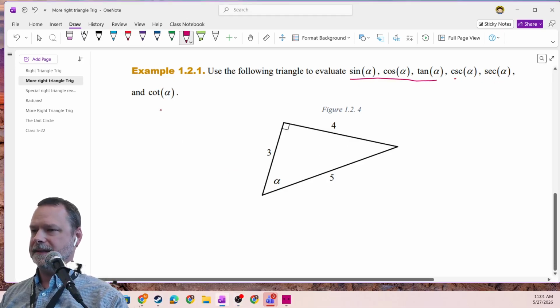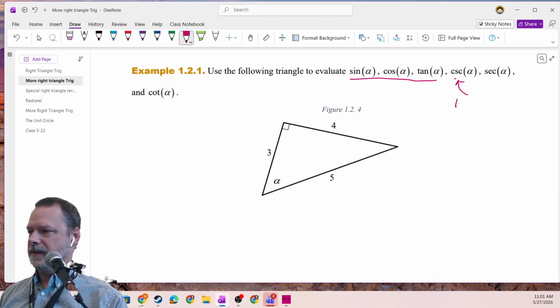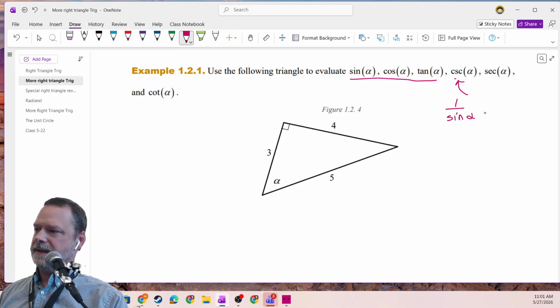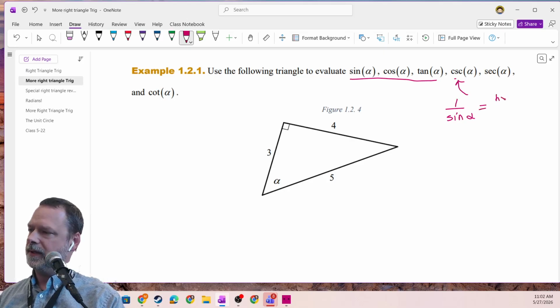Cosecant, secant, cotangent. Let's do it. Cosecant is 1 over sine. So sine is opposite over hypotenuse, so this is hypotenuse over opposite.